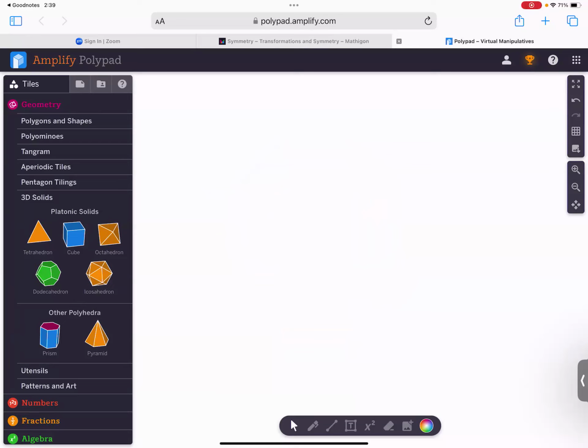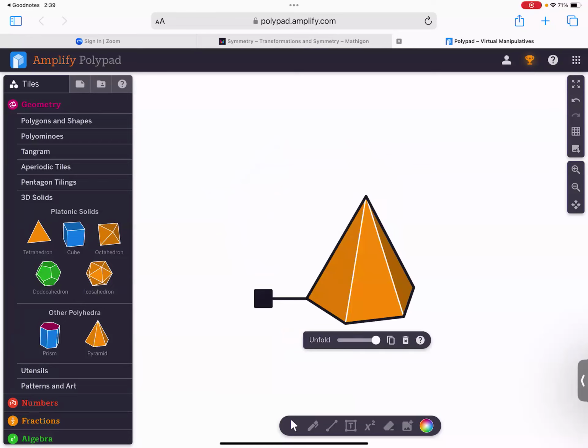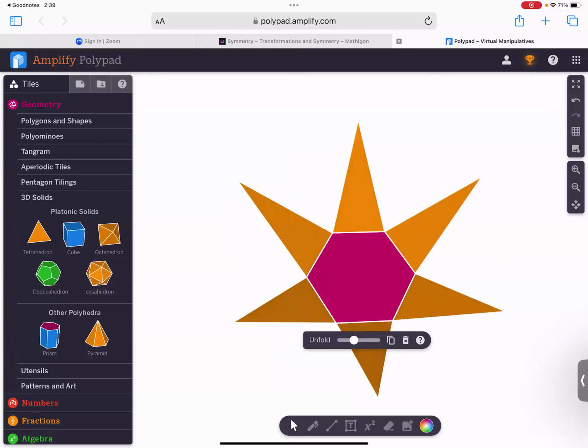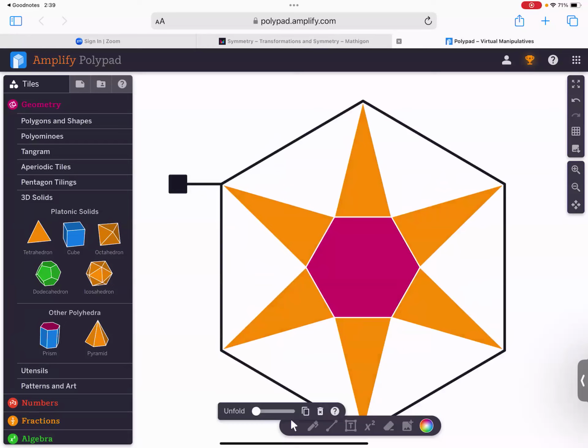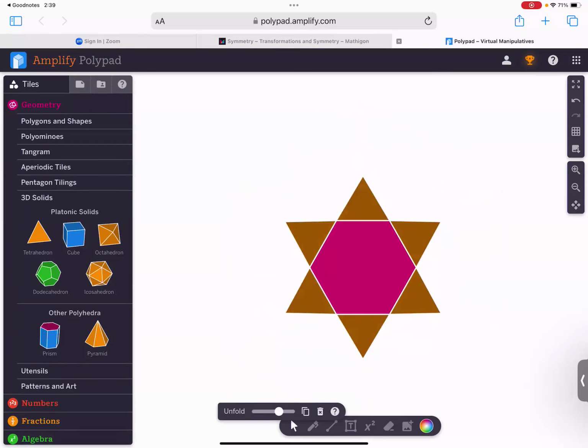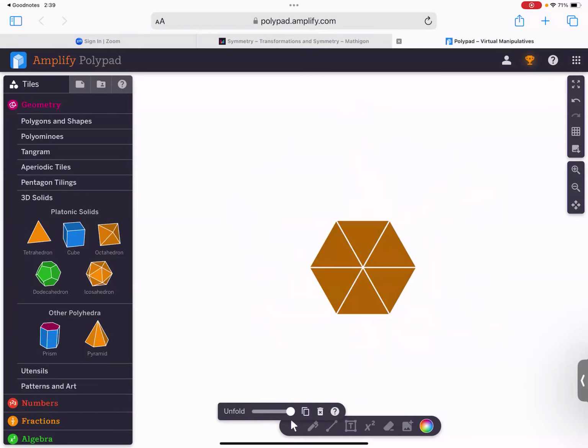Now let me look at a prism. If I open it up, it's a hexagonal prism. There are 6 sides. The base is the red one, and the orange ones are the walls on the side. And let me remove this. Another prism. So now the reddish one, let me make it smaller.